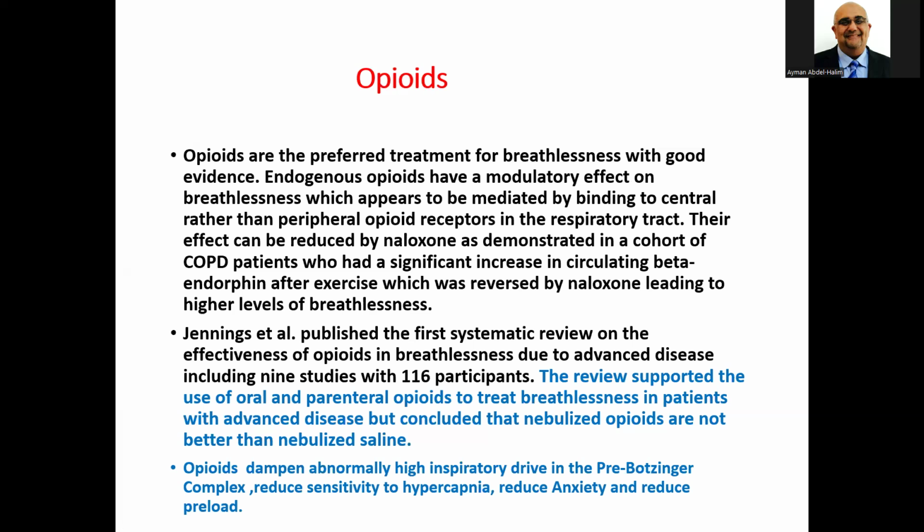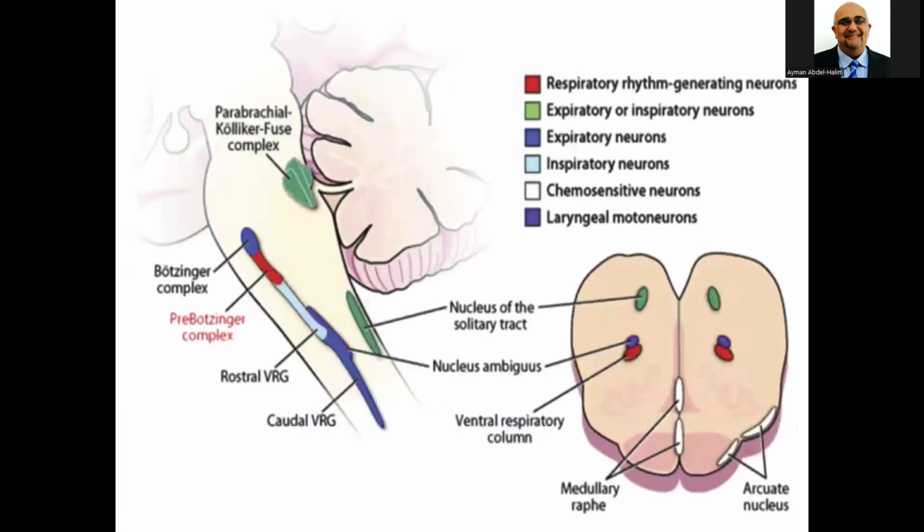So these opioids work on a center in your medulla called the Pre-Bötzinger complex, which is part of your inspiratory center. And it basically dampens this center and helps reduce the anxiety associated with breathlessness. Pre-Bötzinger complex.